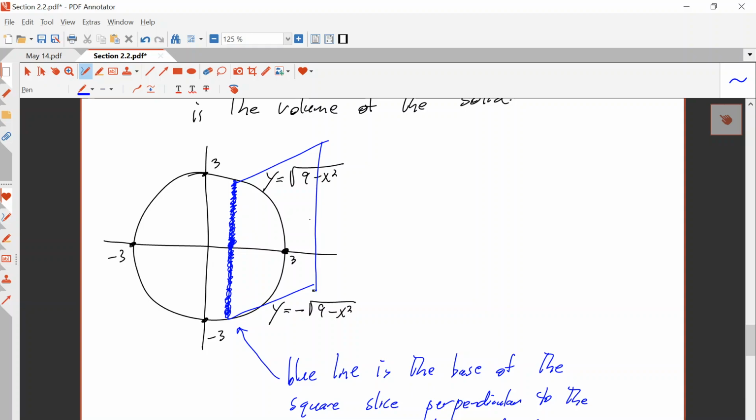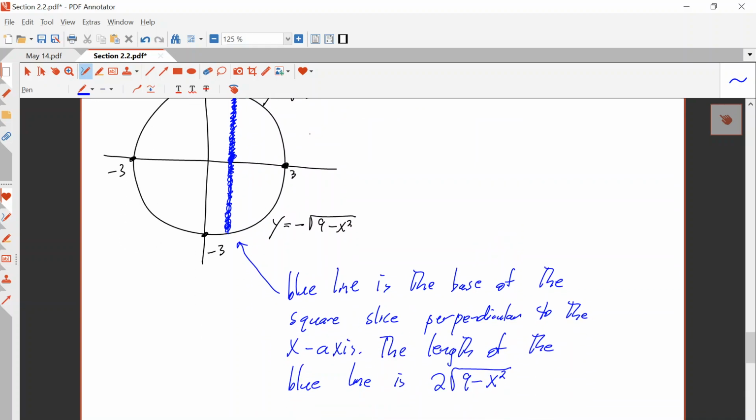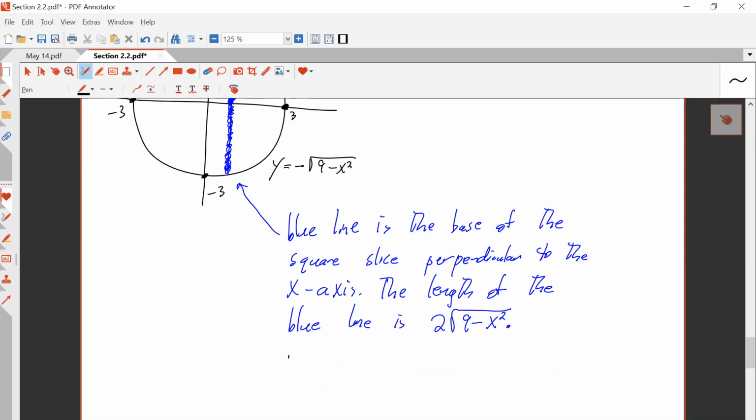The square is going straight up and down, and that's just one side of it. We don't need to see the whole thing. We know that the area of the square is the length of one side squared. So the area of this square, I should make this black actually.